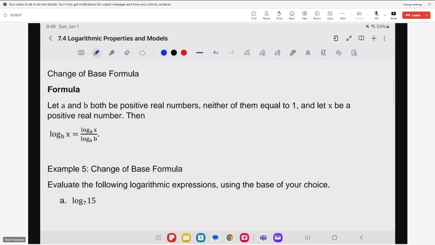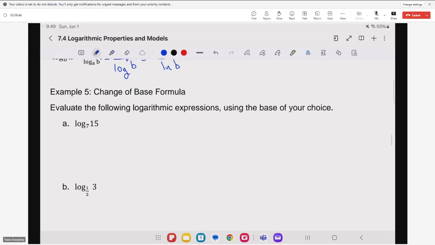So log base b of x is equal to log of any base of x over log of that same base of b. More commonly, we can convert that to log base 10 of x over log base 10 of b, or the natural log of x over the natural log of b. And that's pretty much your preference. Both of these are keys on your calculator, so you can get a decimal approximation, which is what we will do in our examples.